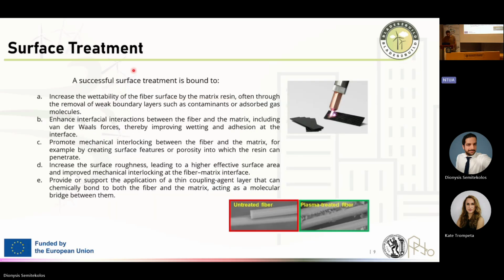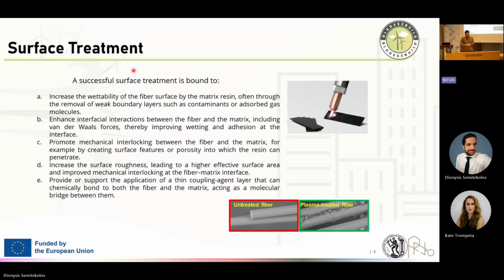So what do we need to do to call a treatment successful? First, we need to increase the wettability of the fiber surface with the matrix resin. This means that the matrix, which is in liquid format, can more easily, let's say, tangle all of the fiber surface area.